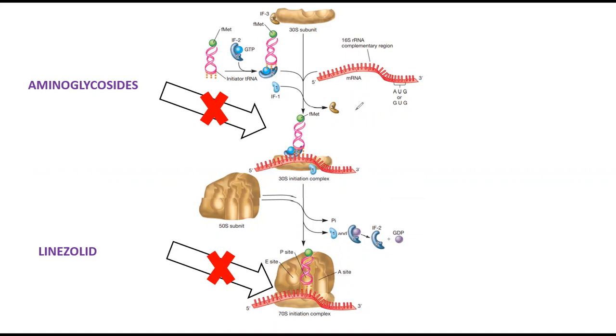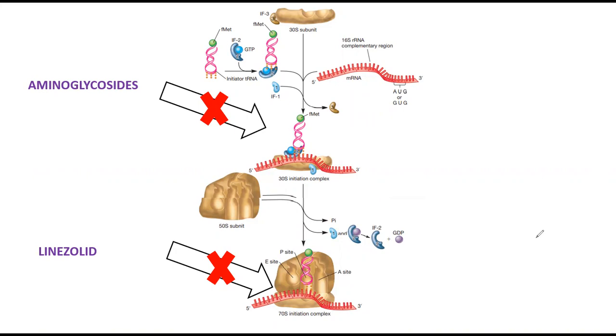What is the initiation complex? It is when the first transfer RNA, loaded with formyl methionine, and the messenger RNA are loaded onto the 30S ribosomal subunit. After that the 50S ribosomal subunit combines with it, and the translation process starts. So first the initiation complex should be formed.